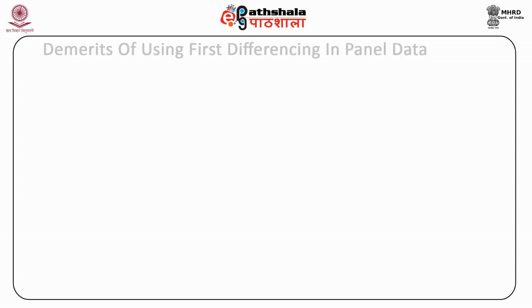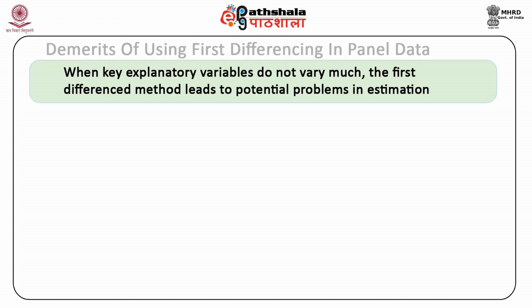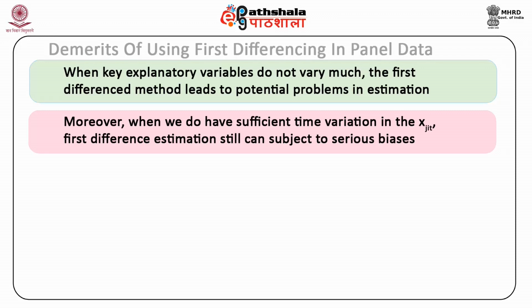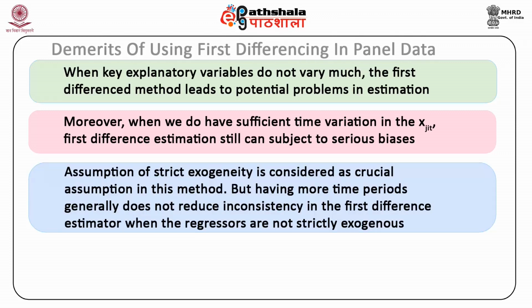The first difficulty is when key explanatory variables do not vary much, the first difference method leads to potential problems in estimation. Moreover, when we do have sufficient time variation in the x_jit, first difference estimation can still be subject to serious biases.